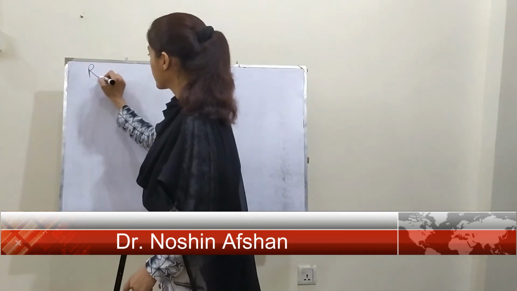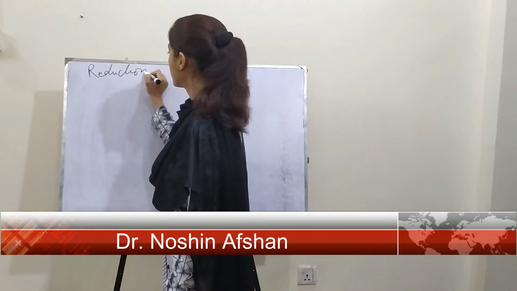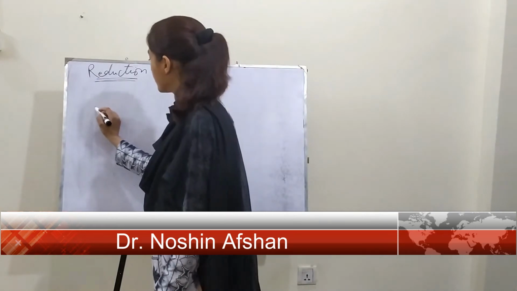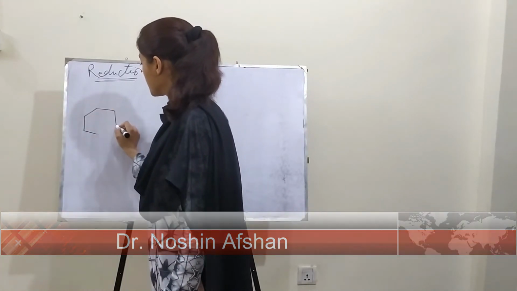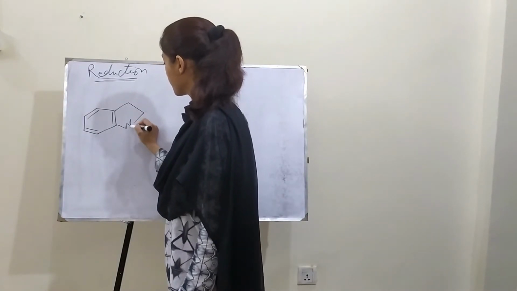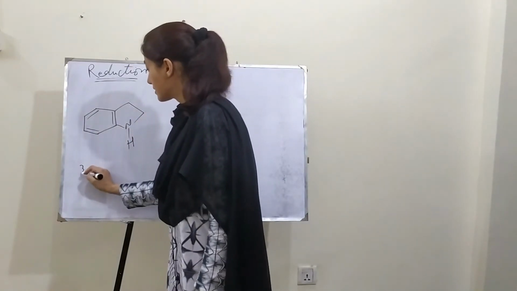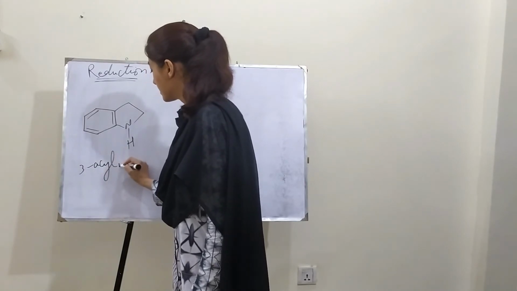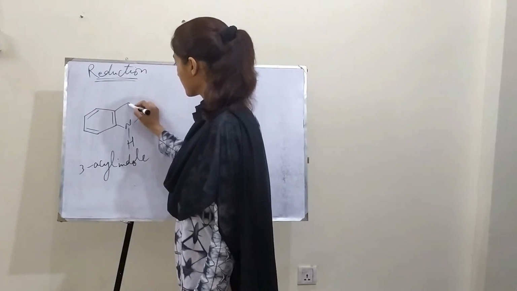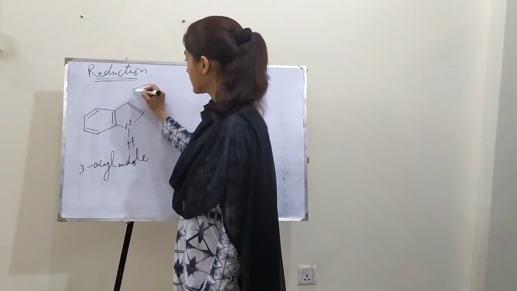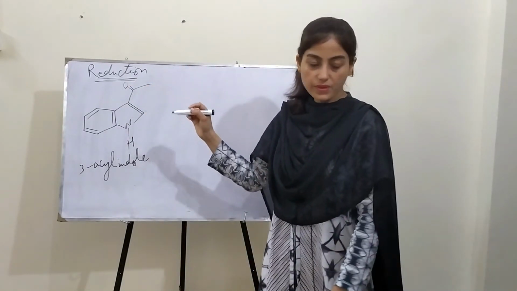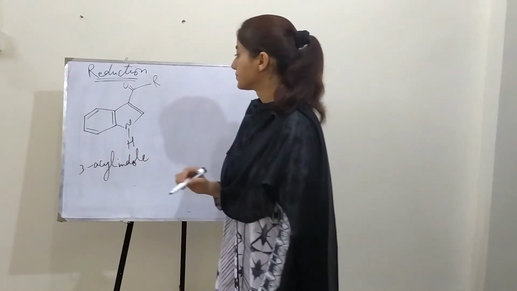Here in this reaction of indoles, we take a substituted indole, that is 3-acyl indole. Here the 3-acyl group has been attached, that is C double bond O, and here it is R.